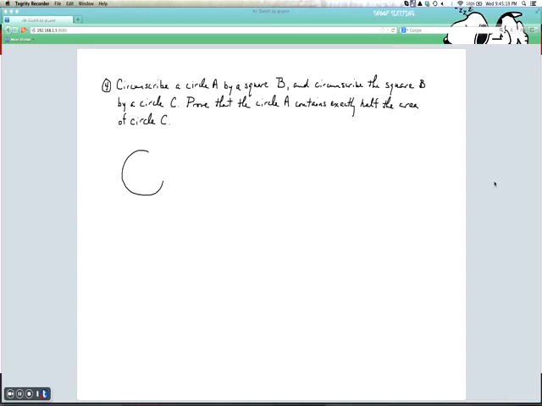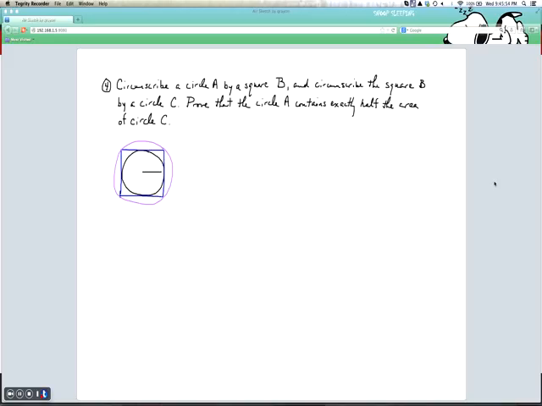We've got a circle A, and then we've got a square B, and then we've got another circle C. Okay, so let's start by looking.